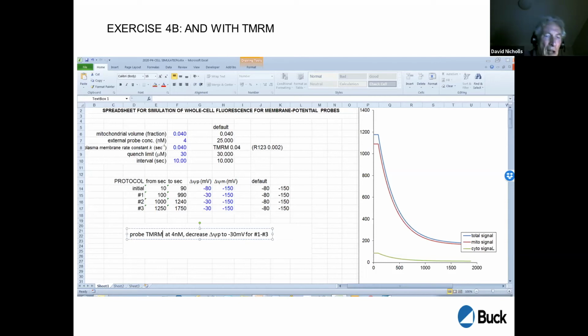I could load my program actually, just show you.